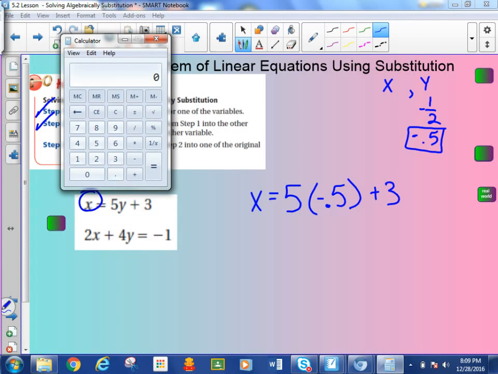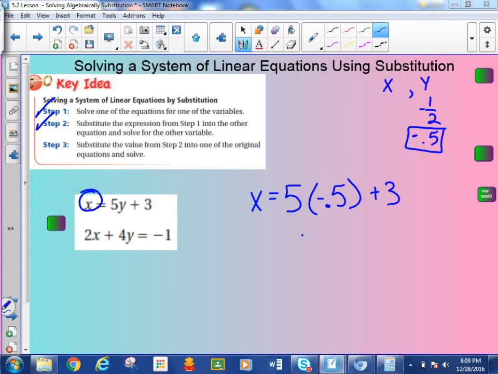Okay, so if I go through and do this, 5 times 0.5 is going to give me 2.5. So I had a negative there, so it'd be a negative 2.5 plus 3. Okay, so now when I add those together, negative 2.5 plus 3, different symbols, find the difference, so I'd subtract, is going to give me 0.5. The larger number is positive.